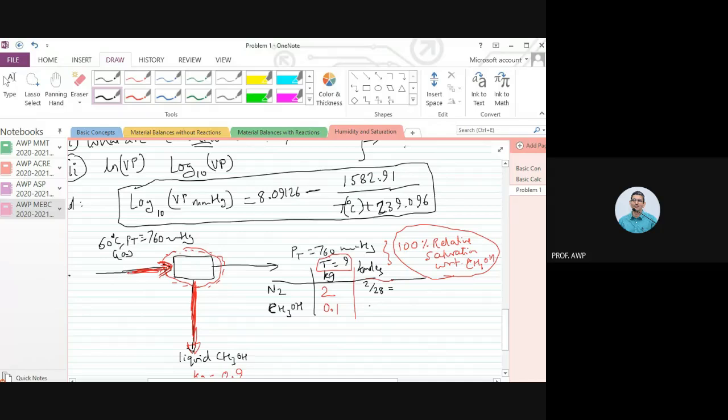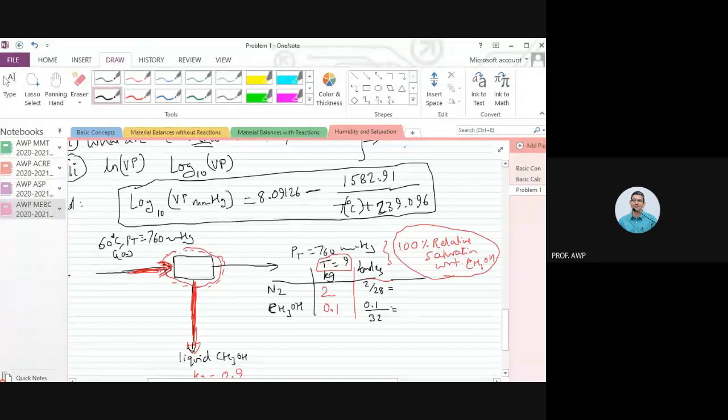And kilomoles of methanol would be 0.1 divided by the molecular weight of methanol. What is the molecular weight of methanol? 32, right?